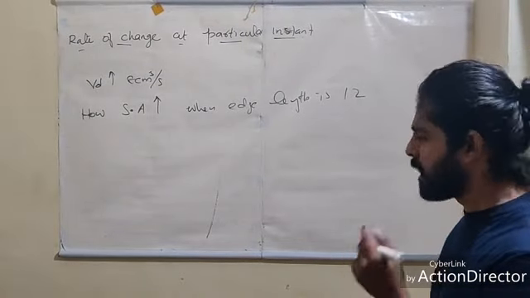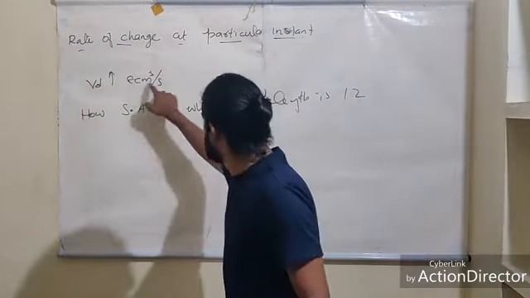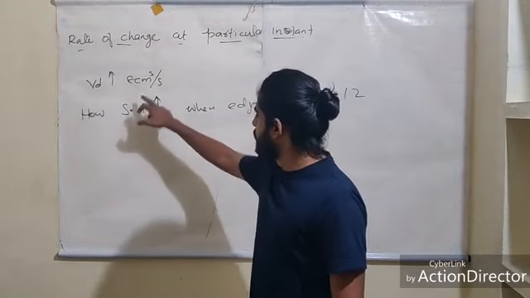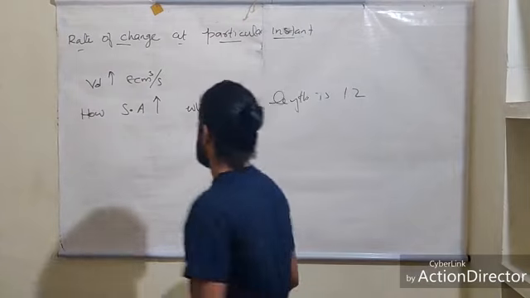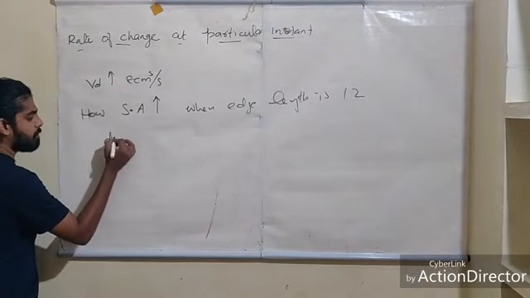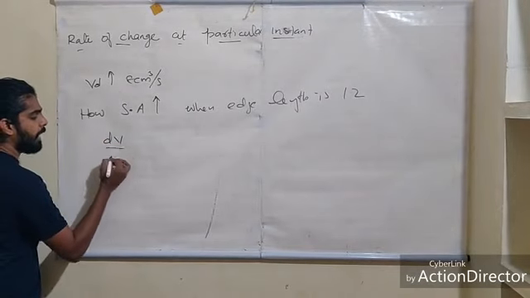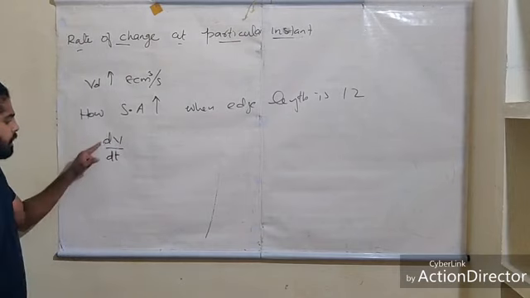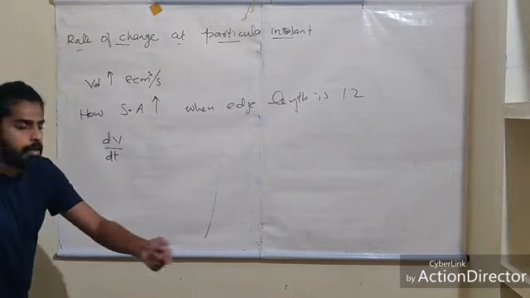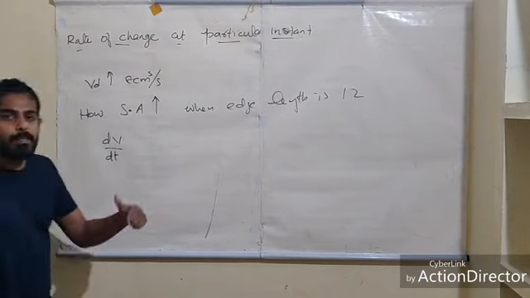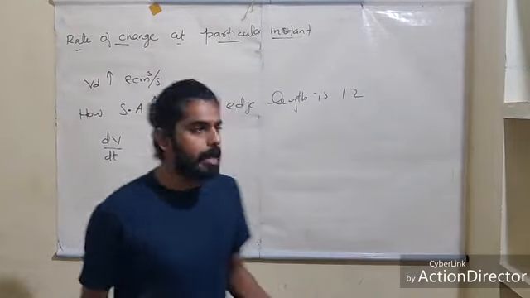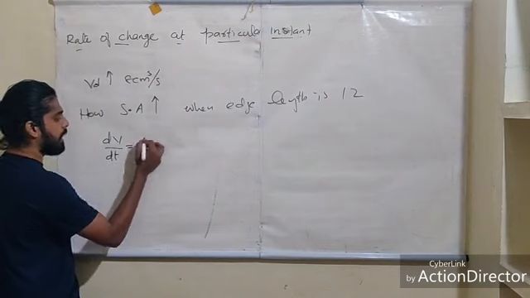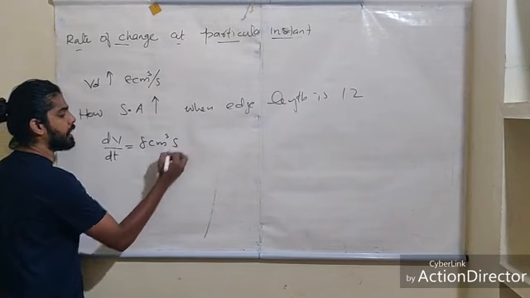Rate of change of volume with respect to what? From the unit we can understand it is with respect to time, since seconds means time. So the rate of change of volume is dV by dt, where dV means change in volume and dt means with respect to time, and it is given as 8 centimeter cube per second.